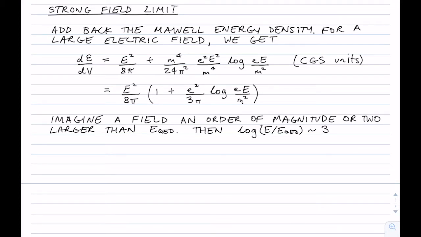Because it's a logarithm, it only grows slowly. So 3 will be a typical value if you're just a little bit bigger than E QED, and it's hard to make it much larger than that. So it's a smallish, unitary kind of value.